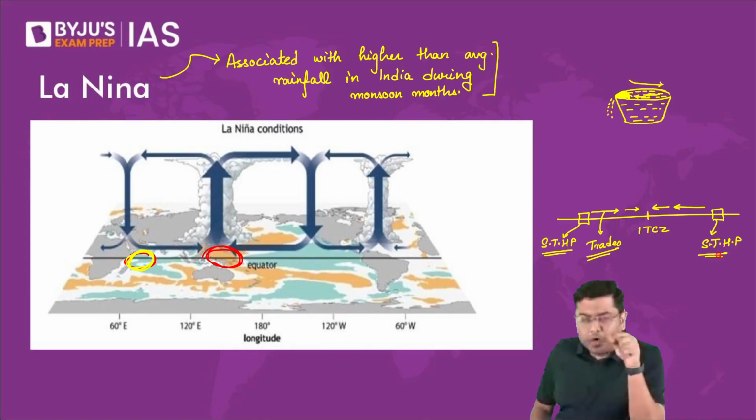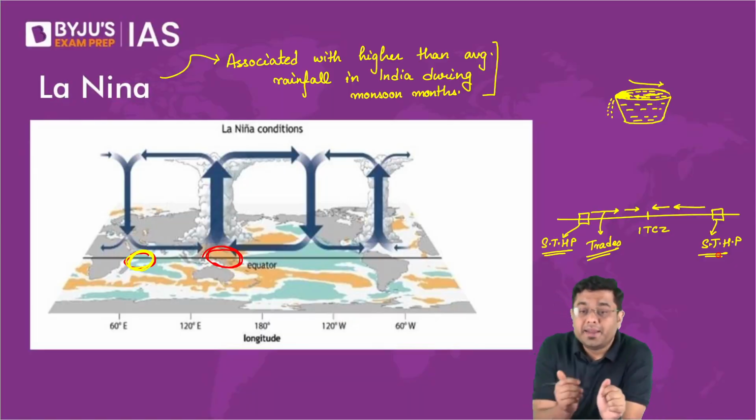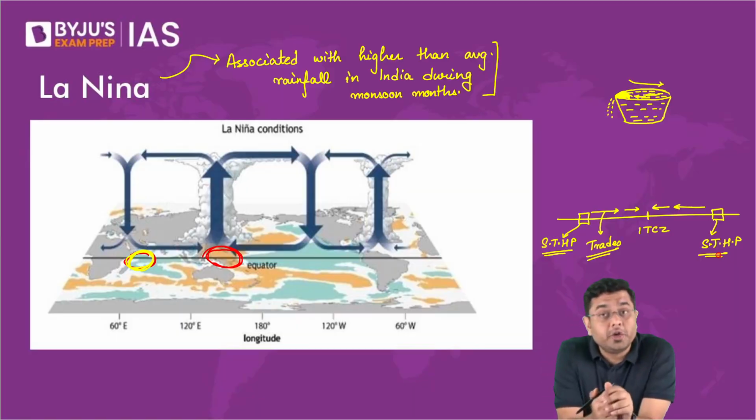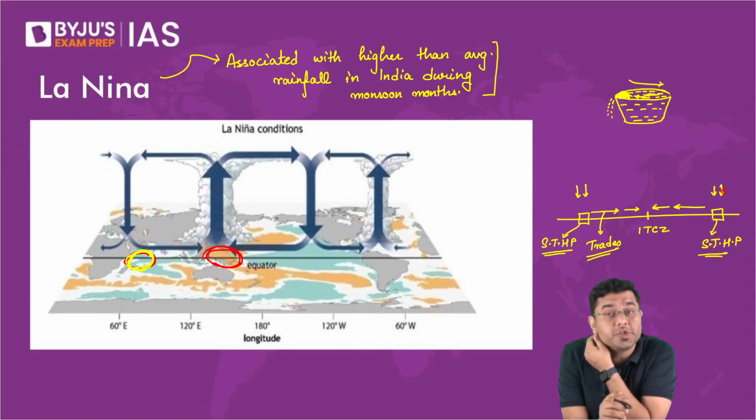Now, understand that this high pressure is created due to the sinking of air. We have seen earlier, while we were talking about the trade winds and the permanent wind system, that just because there is a sinking of air, you have a dynamic high pressure which is created. So in this area, normal conditions mean you have sinking air, and that is created due to dynamic conditions, not because of thermal conditions.